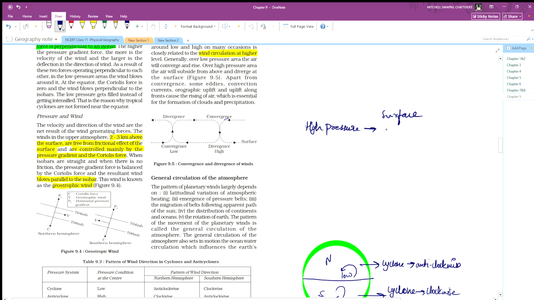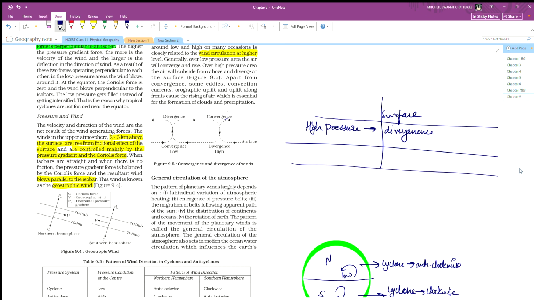Divergence. And also at altitude, what happens?